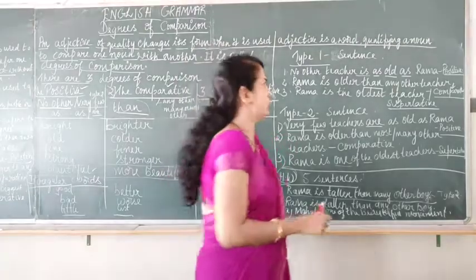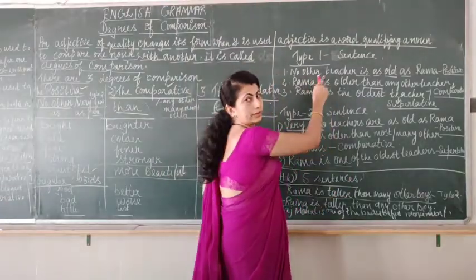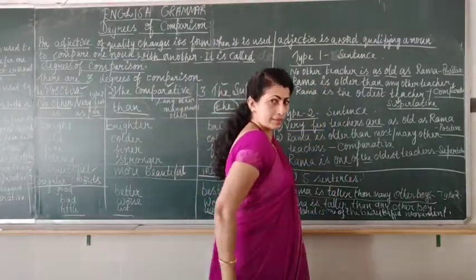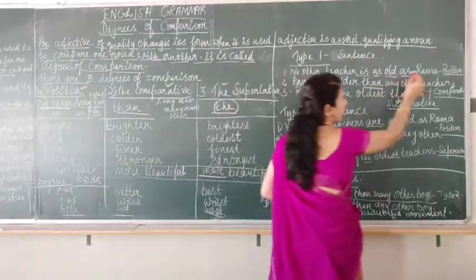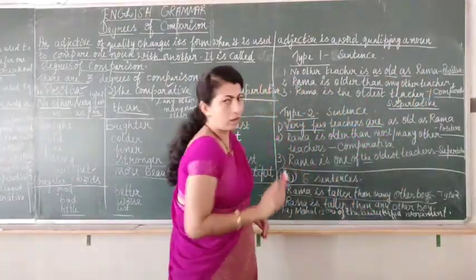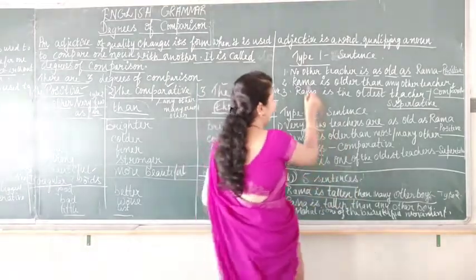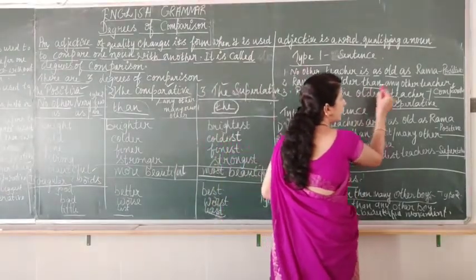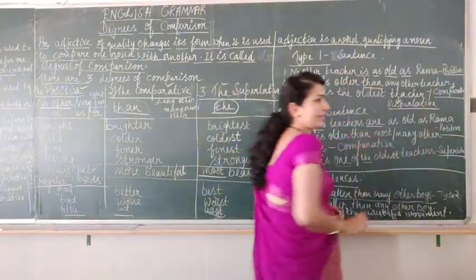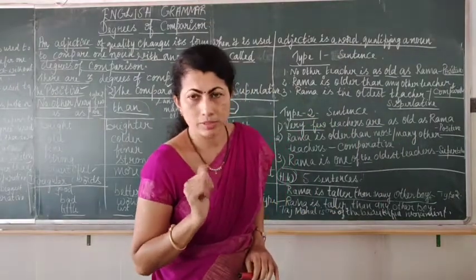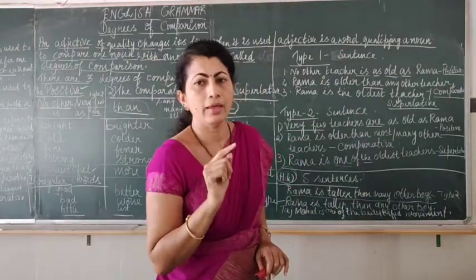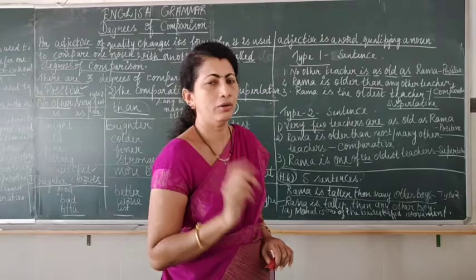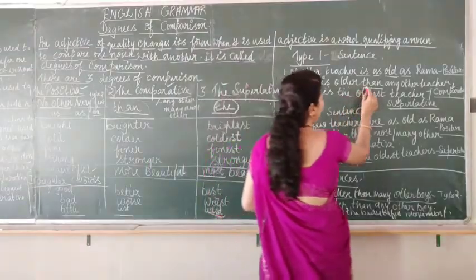Identify. It is in the positive degree. No other teacher is as old as Rama. Now, coming to the comparative degree, Rama is older than any other teacher. What is the bodyguard here? Any other, or we could see than.